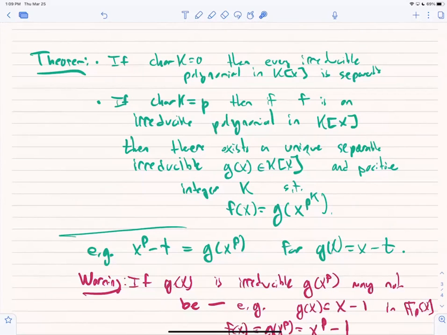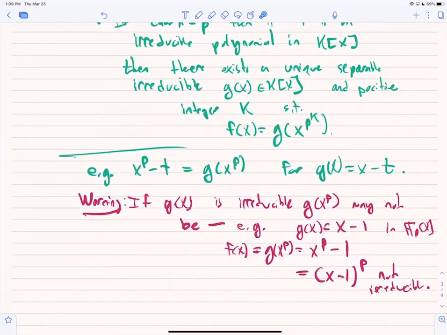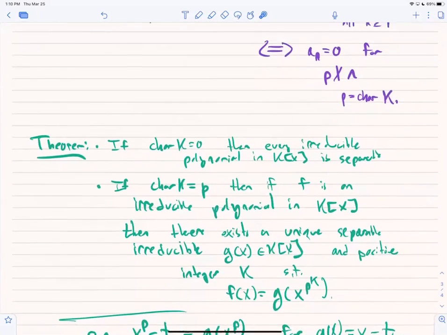You can always break it apart into a separable polynomial and then taking some power of p. And the issue in this example in the warning was that 1 has a pth root. I mean, 1 is a pth root of 1. So somehow, the issue is exactly when the roots of the polynomial already have pth roots in the field. Some version of this. Okay, so anyway, great.